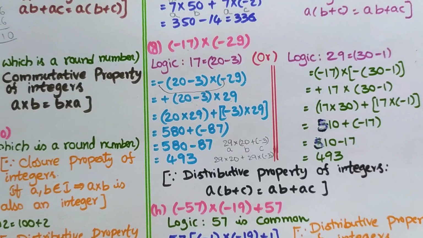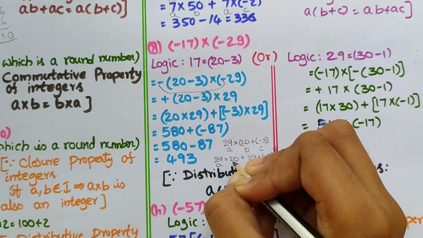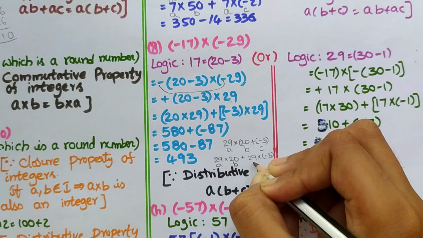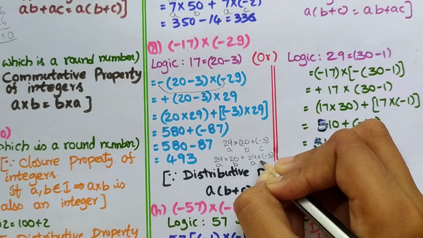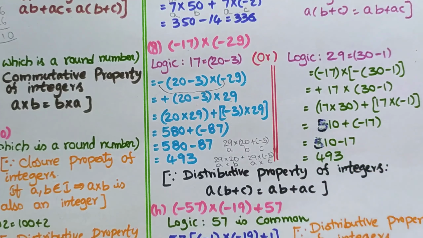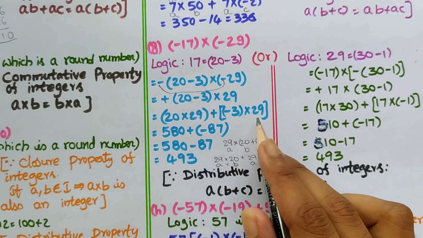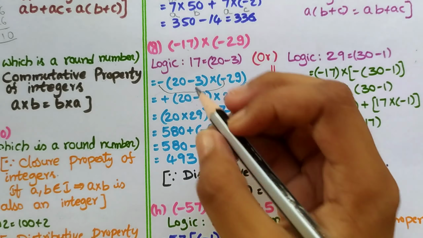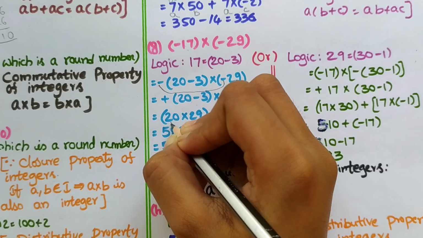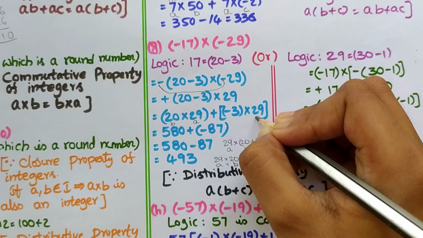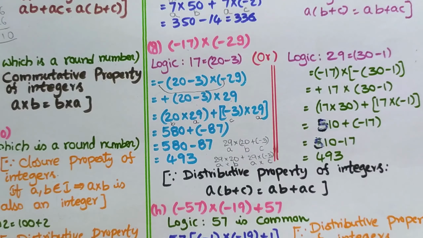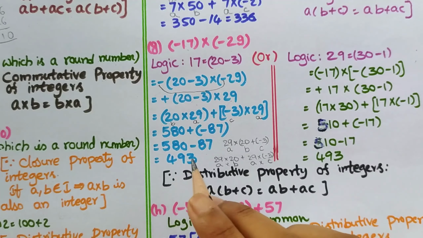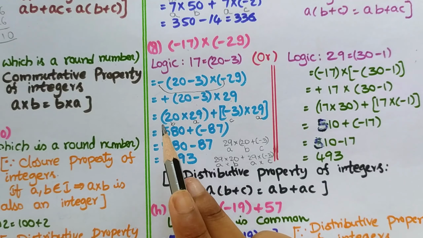Is it clear friends? See here, this is in the form of AB plus AC. This is A and this is B, plus this is A and this is C. Is it clear friends?